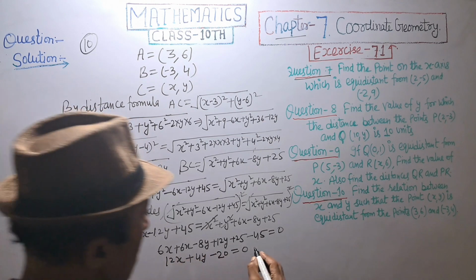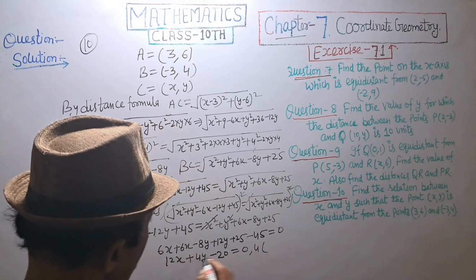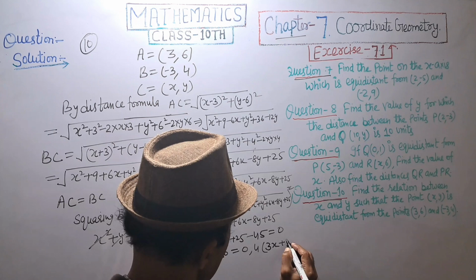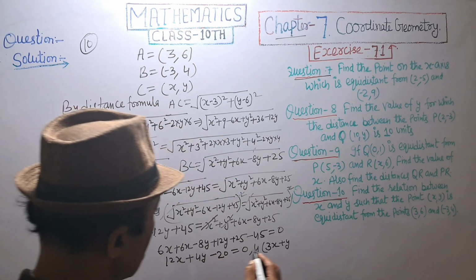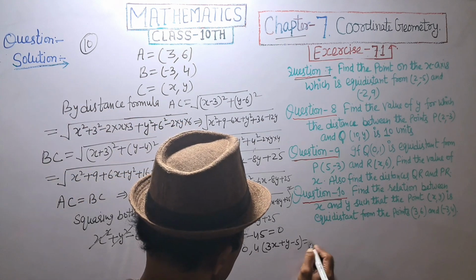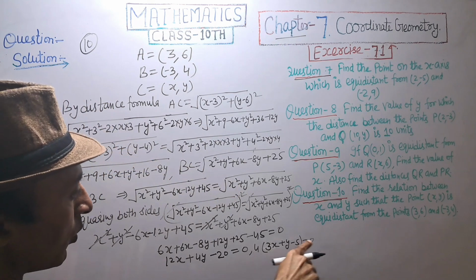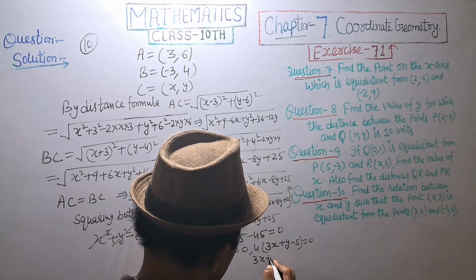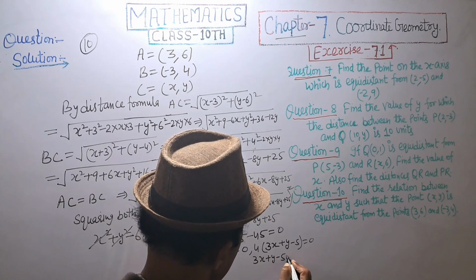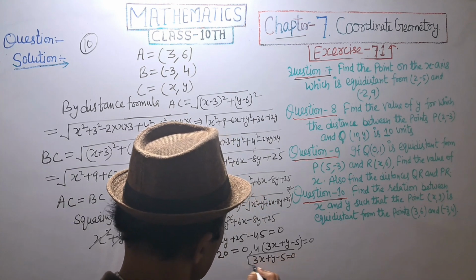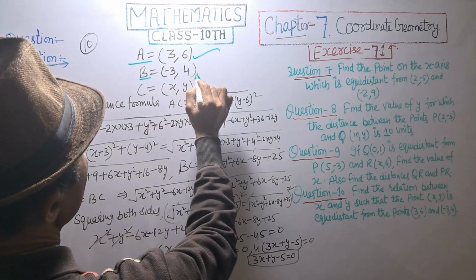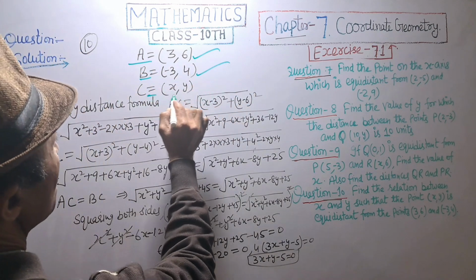Taking 4 common, we get 4 times 3x plus y minus 5 equal to 0, which means 3x plus y minus 5 is equal to 0.